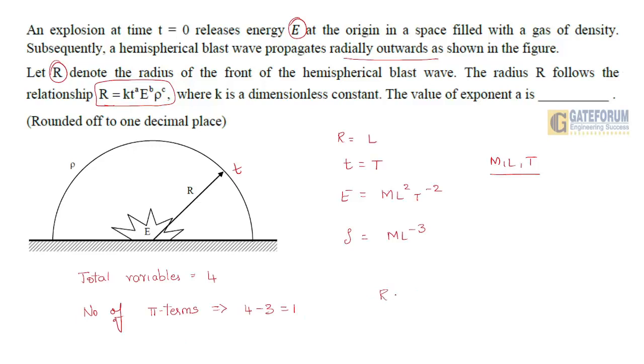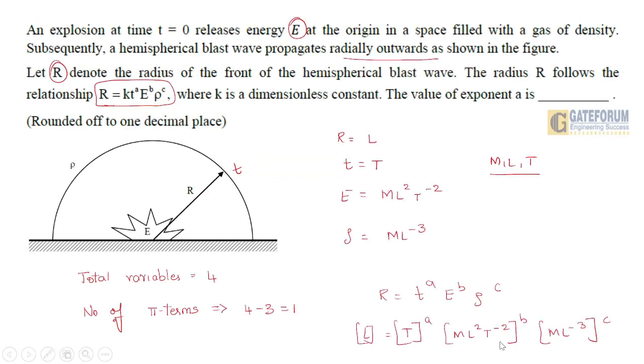So from here I'll write R equal to T power A, E power B, rho power C. L is equal to T power A, M L square T power minus 2 power B, M L power minus 3 power C. Now compare them. You will get A minus 2B is equal to 0. Next, 2B minus 3C equal to 1.